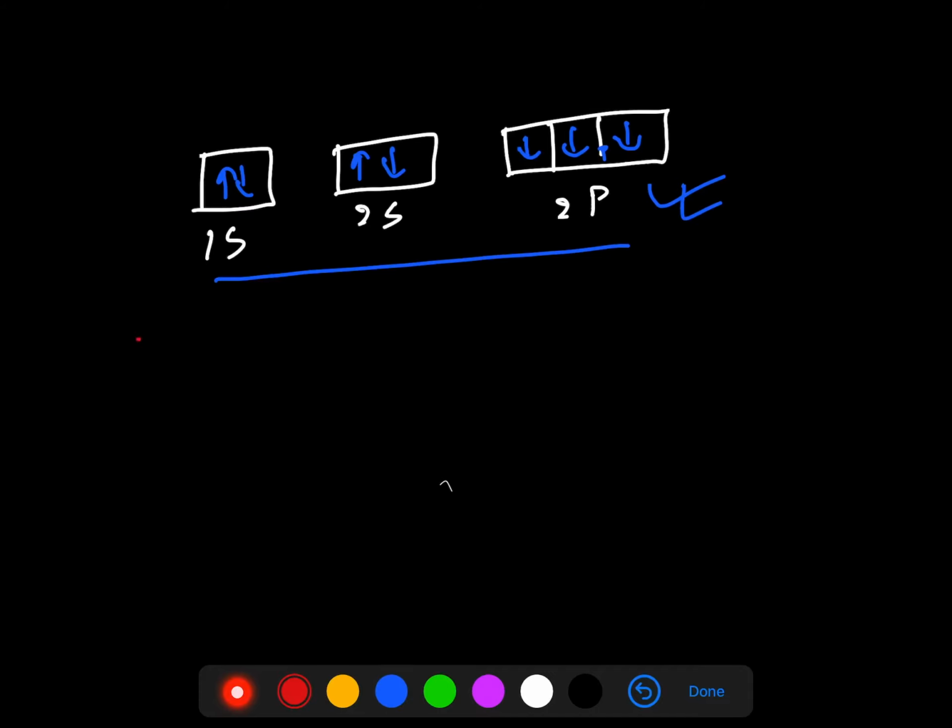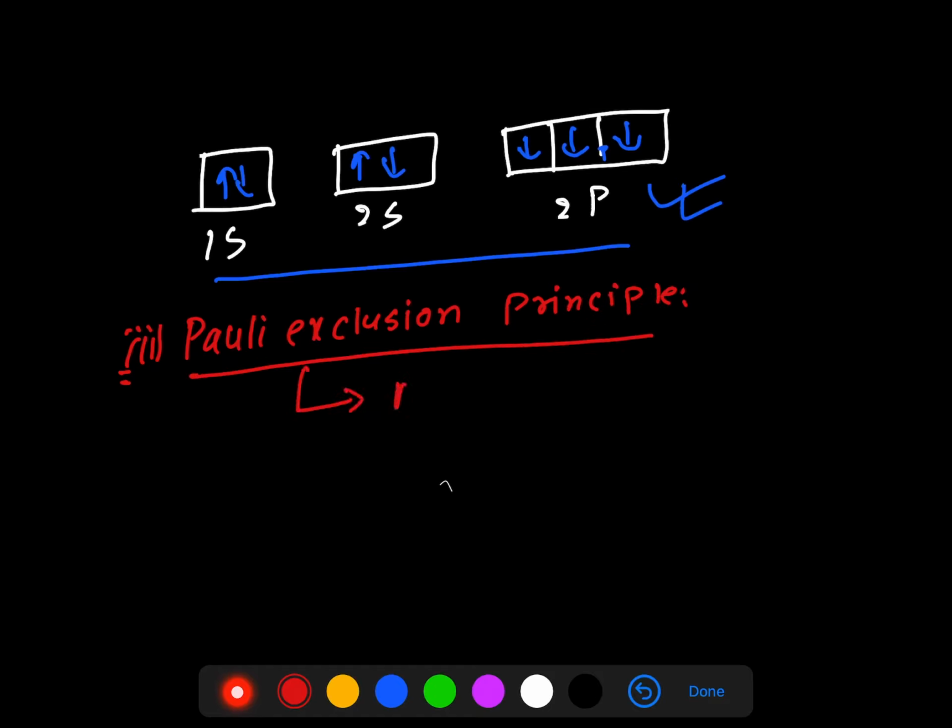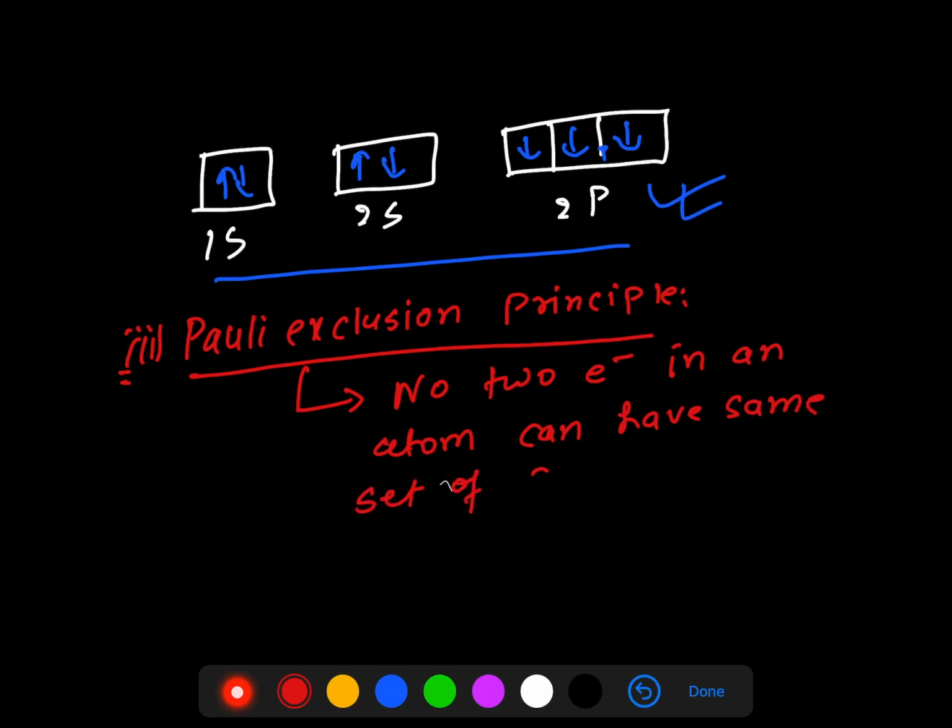The next rule, which is also important, is the Pauli exclusion principle. According to this, no two electrons in an atom can have the same set of all four quantum numbers.